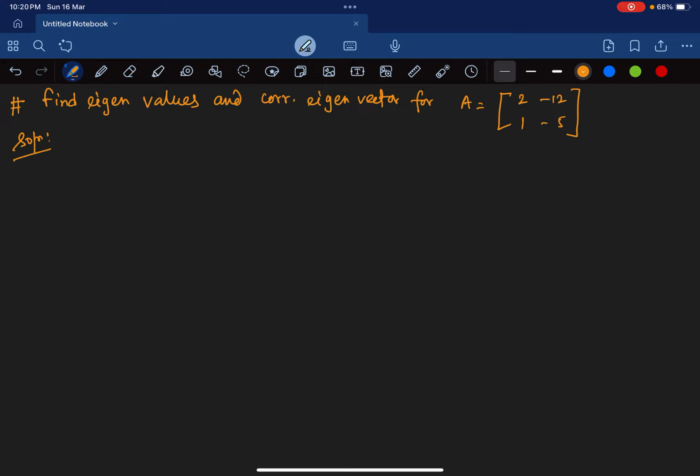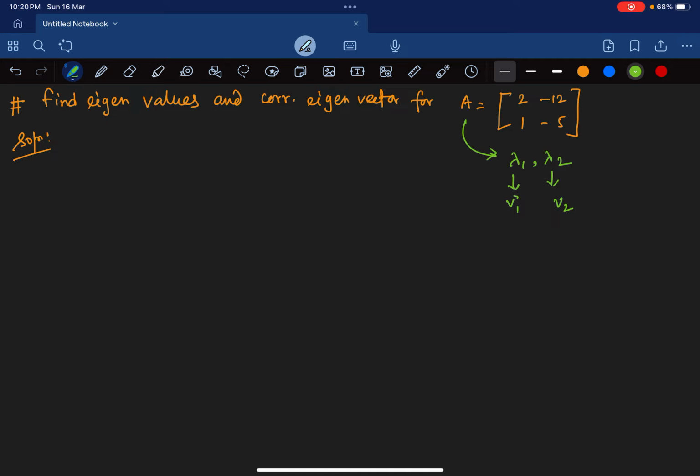Now before going into this part, one thing you should know, that suppose this is a 2 cross 2 matrix, so it is guaranteed that there are two eigenvalues, λ1 and λ2. Corresponding to λ1 we can find, suppose v1, corresponding to λ2 we can find v2.